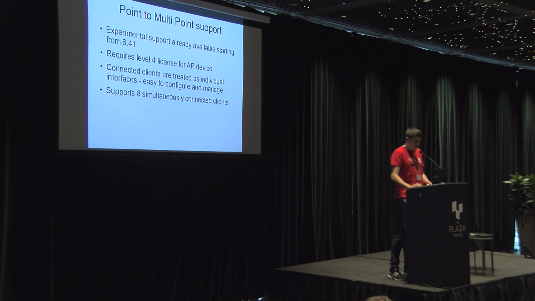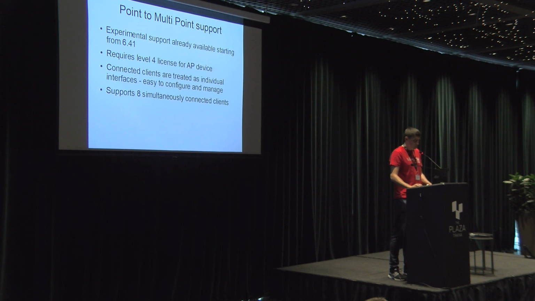As for point-to-multipoint support, it was added experimentally in RouterOS version 6.41 and newer. It requires at least a level 4 license for the AP device, and connected clients are treated as individual interfaces. It is very easy to configure and manage them.